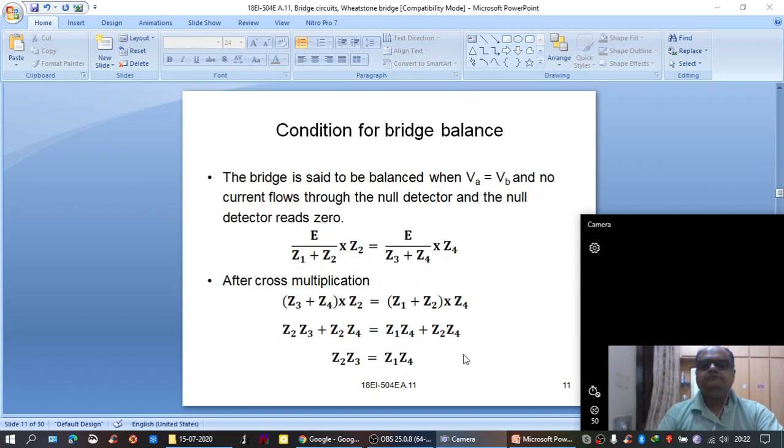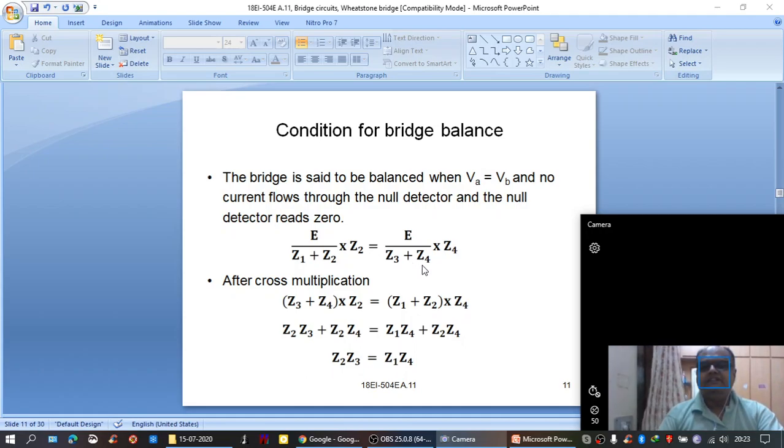Now, the bridge is said to be balanced when VA is equal to VB and no current flows through the null detector, and the null detector reads 0. So with this condition, when VA is equal to VB, E by Z1 plus Z2 into Z2, which is VA, is equal to E by Z3 plus Z4 into Z4. This is VB. Now you can see here cross multiplication can be done.